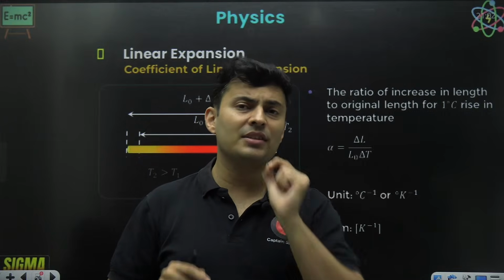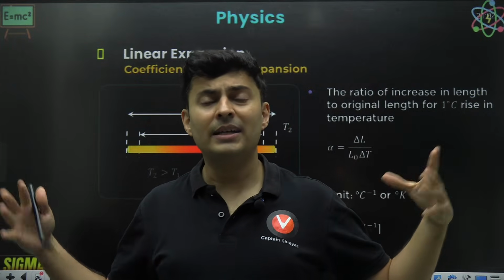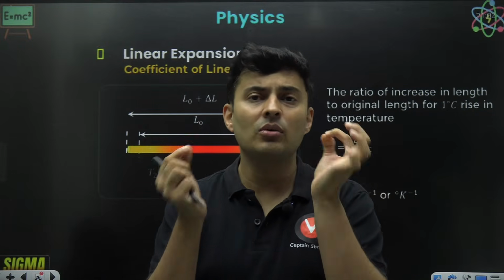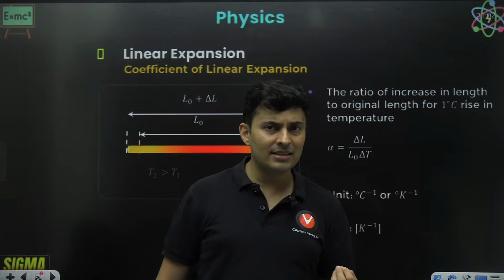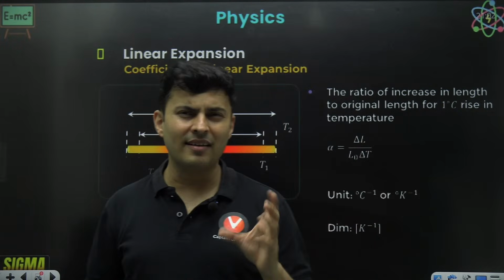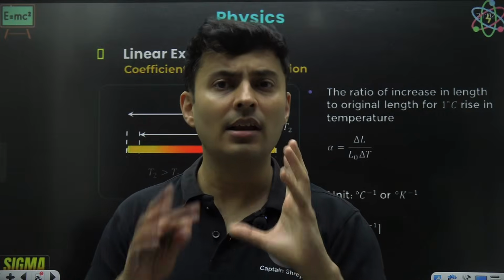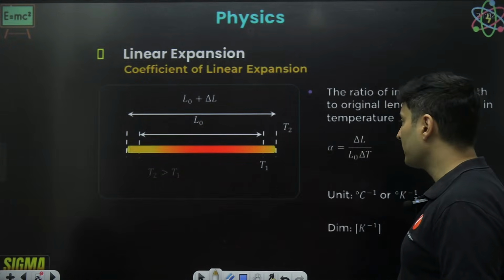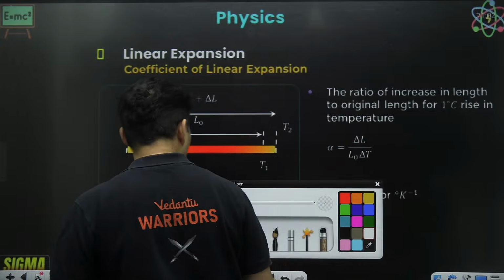But if alpha is close to zero, that means even after attempting to raise the temperature by a large amount, there is barely noticeable change in the dimensions. So alpha is less, signifies it does not react to temperature. Alpha is very high, signifies it reacts to temperature and changes its length very easily. Keep that in mind. Okay, everyone? Fine till this point?